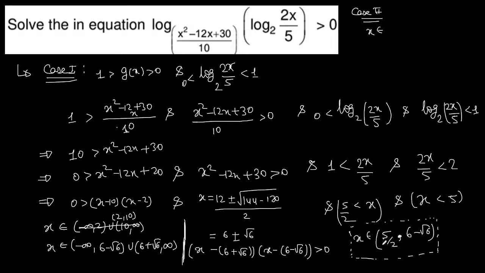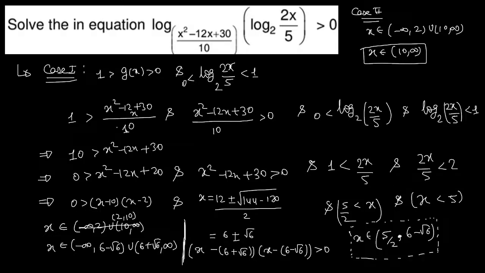No, it is still the same. Okay, and from here we are getting x in this case it will be bigger than 1. We'll get x belongs to minus infinity to 2 union 10 to infinity. And then from here we'll get x is bigger than 5. That means we will get only one answer. x belongs to 10 to infinity.